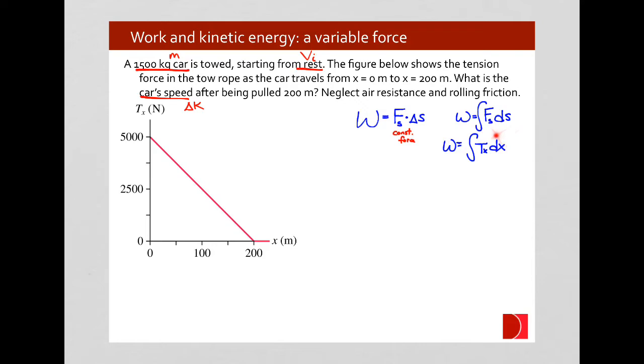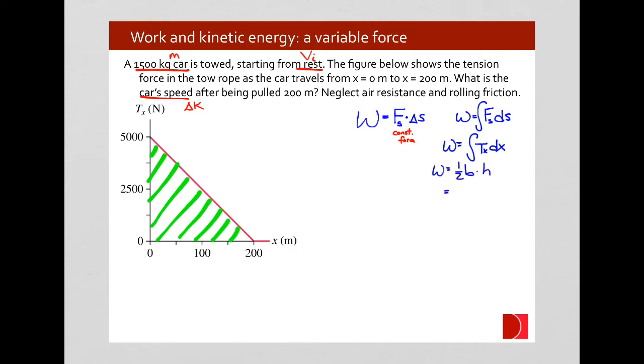If we have an integral like this, we can find it directly by finding the area under the curve. The value of this integral is the same as the area under the curve. We can see geometrically that that's a triangle. The area of a triangle is 1/2 the base times the height.